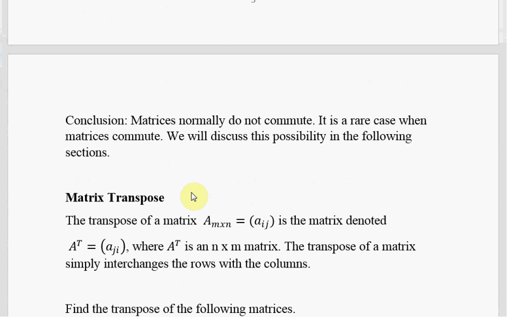Let's talk about transpose and the trace of a matrix. The transpose of a matrix, I want to flip it, right?